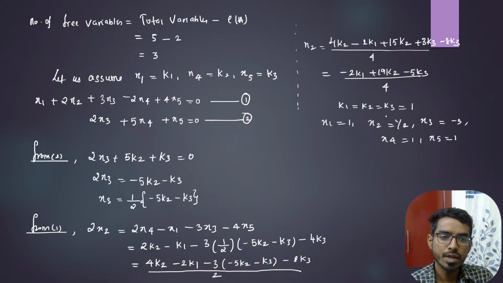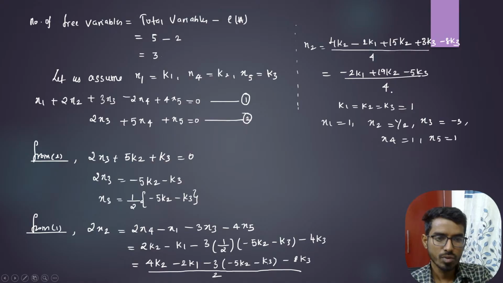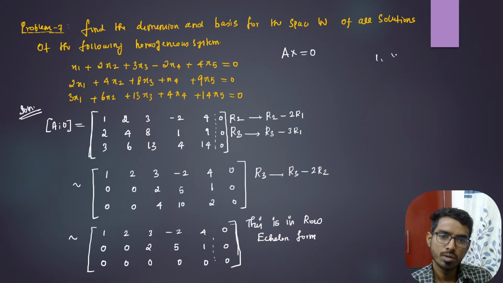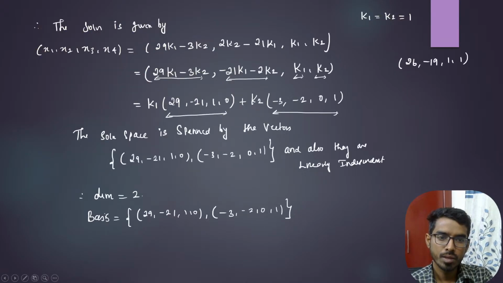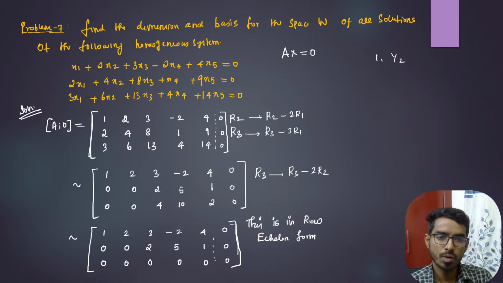I'm taking k1, k2, k3 all to be equal to 1. So your new x1, x2, x3, x4, x5 are 1, 1 by 2, minus 3, 1, 1. Let us substitute here.